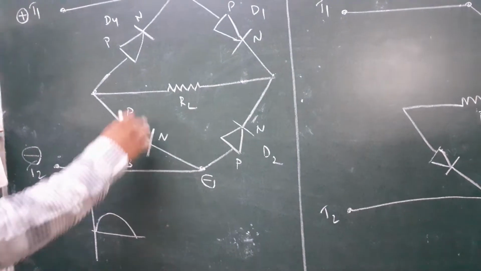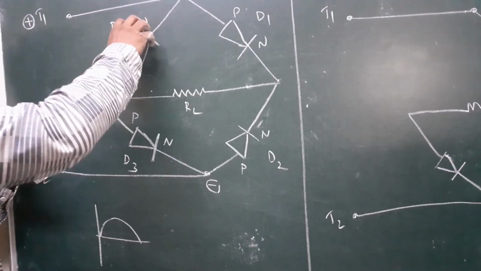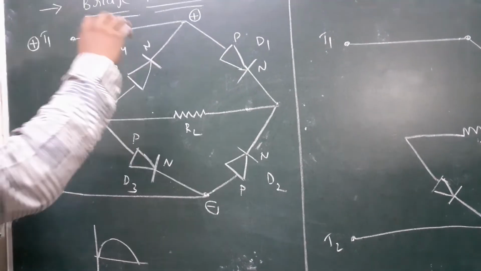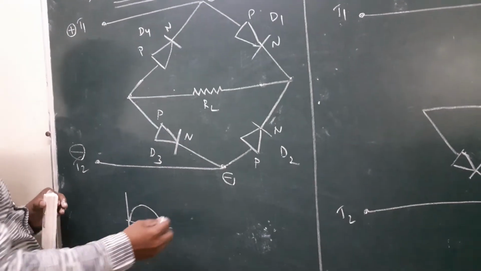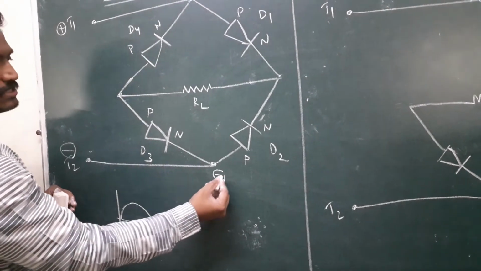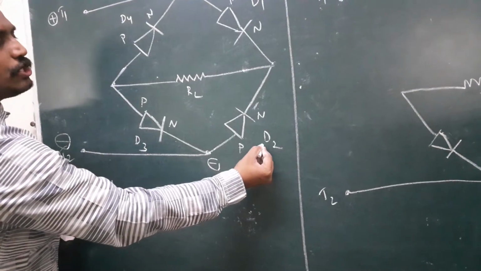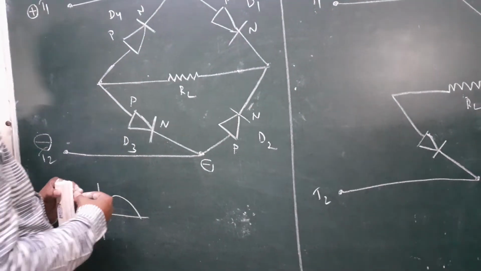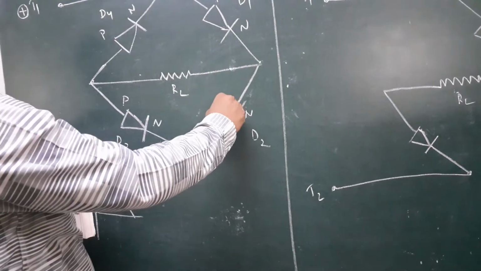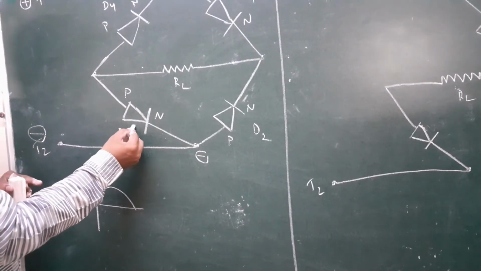Reverse bias means it will be removed. That means it does not work. It does not allow the current, so it will be removed. Next one. This is the minus. P is connected to negative, that means D2 also acts as a reverse bias, so it is also removed. Next, D3.